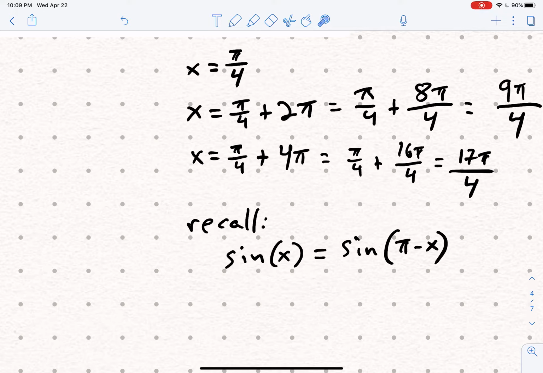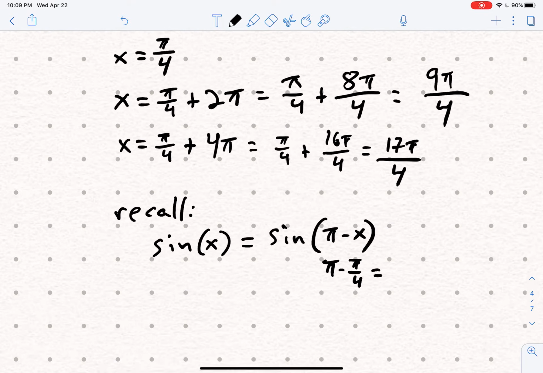And so if we know an angle pi over 4 has the correct sine, then we can just find the angle pi minus that angle, pi minus pi over 4, which should also have the same sine. So let's go ahead and do it. In our case, the x that we started with was our original solution, pi over 4. So we should do here pi minus pi over 4. This should give us another angle that works.